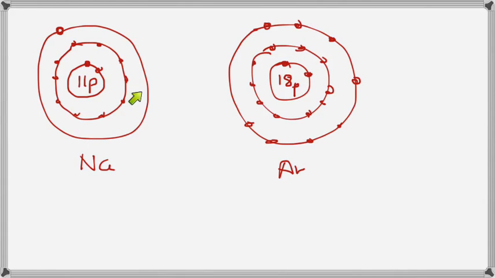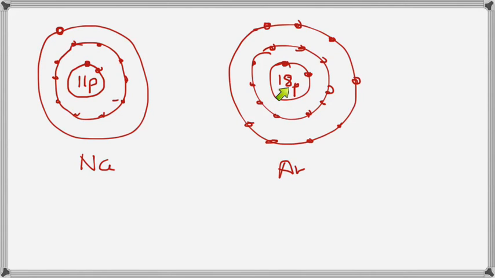This third level in sodium is going to be roughly the same distance from the nucleus as the third level in argon. The 3s and 3p orbitals are roughly the same size until you talk about the attractive force of the nucleus. So here in the nucleus, we have 11 protons pulling on this electron.